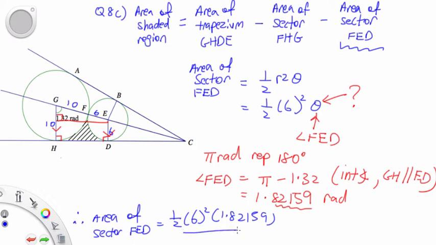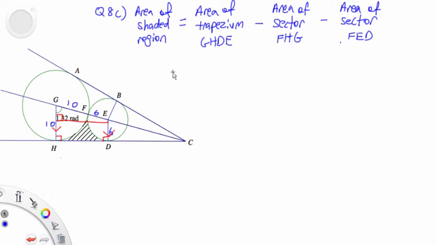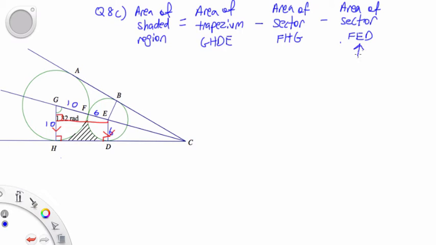Leave it as it is, and substitute the working inside here. So now I know that it is half times 6 squared times 1.82159.